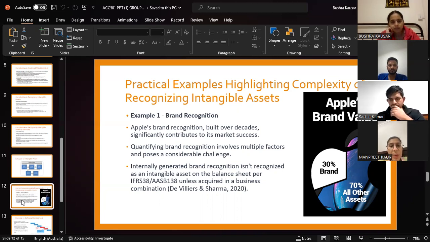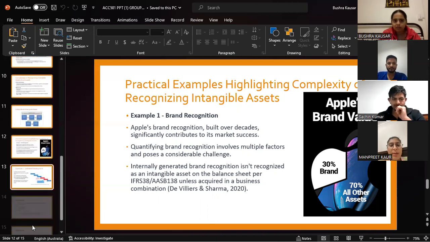A technology company, let's say a gaming company, might engage in extensive software development. However, recognizing internally generated software as an intangible asset involves complex judgment.